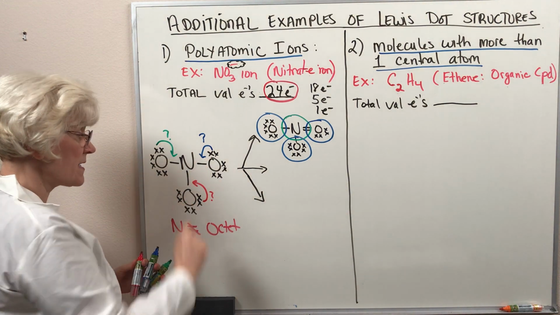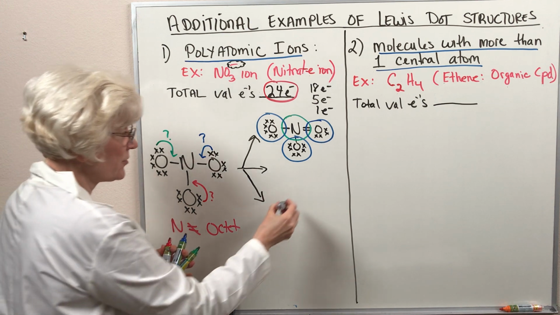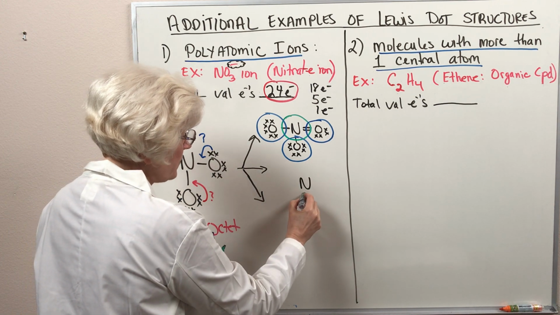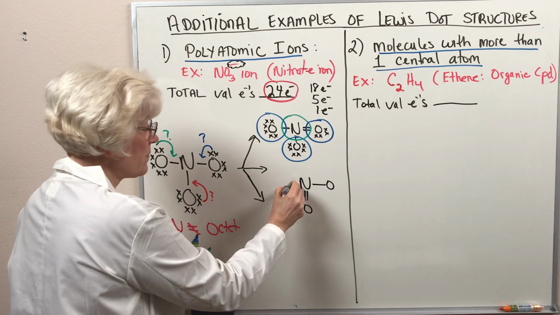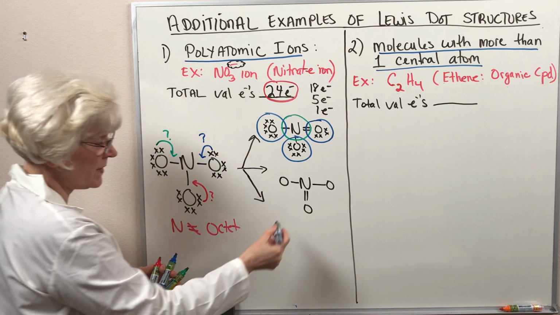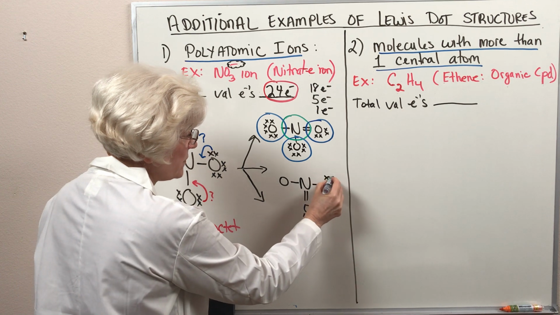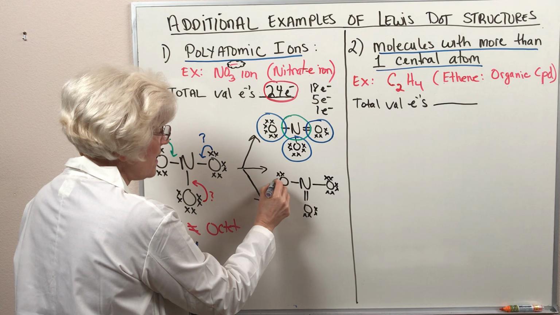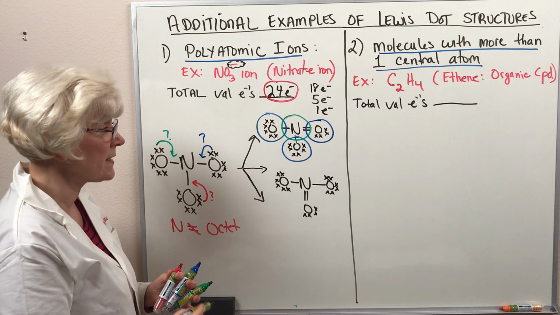But maybe this bottom oxygen atom can serve as the donor instead, so I can draw a second resonance structure for the nitrate ion where the double bond is forming with the oxygen that is terminal, giving it 4 electrons now to complete its octet, and the remaining oxygens get 6 electrons because they're singularly bonded.